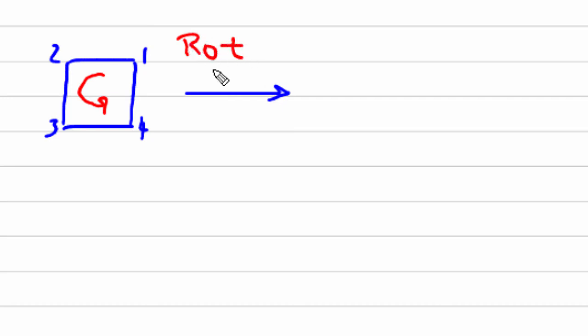Just in order to make things a little easier for you to see, let's give these corners numbers 1, 2, 3, and 4. And let's say we do a rotation. Let's start with a rotation around an angle of 90 degrees.